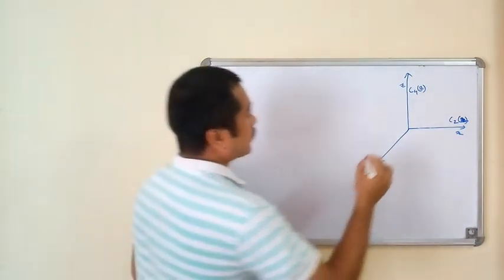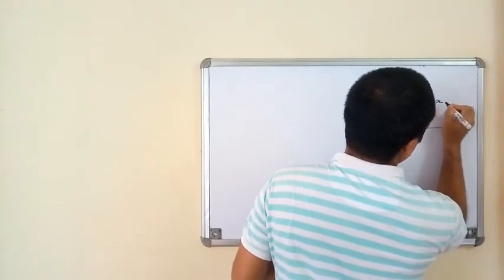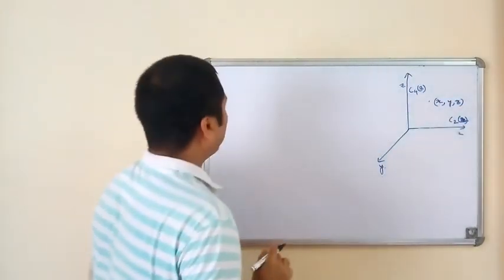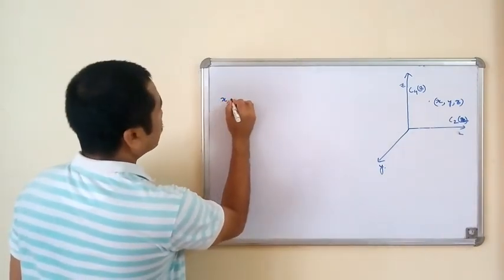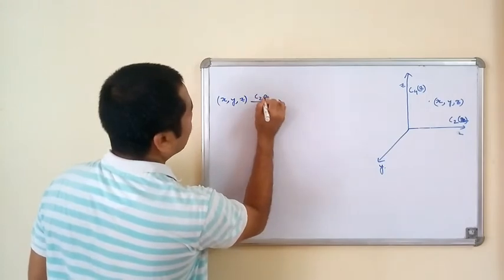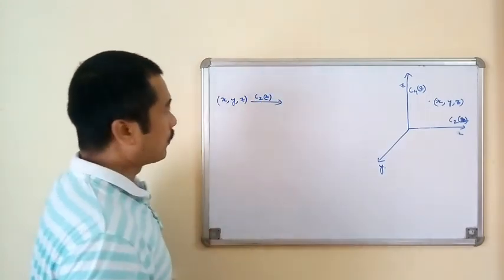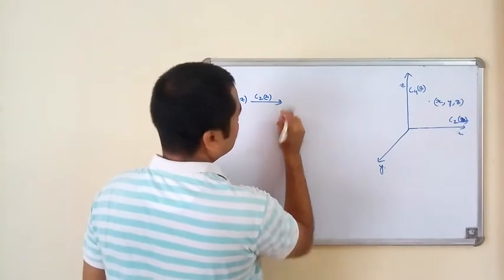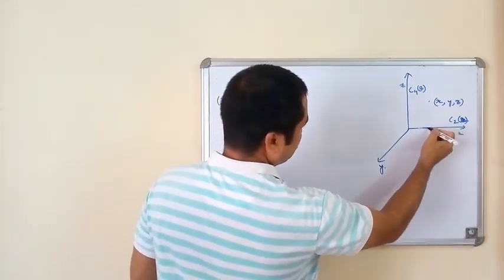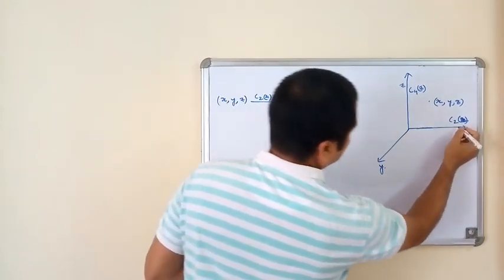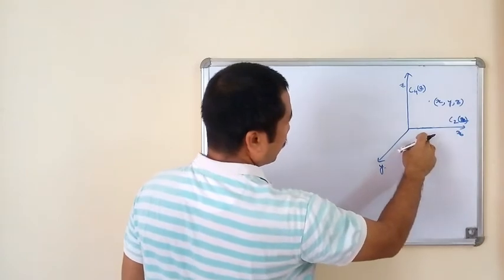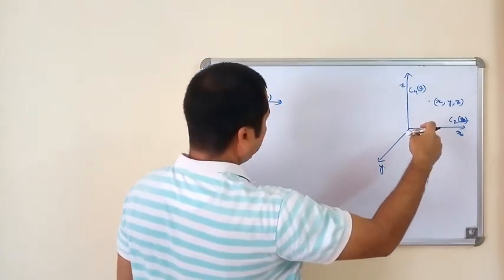So if you consider an atom or a point with coordinates x, y, z, and then do the operation C2(x) first on this point, you have to rotate it along the C2 axis of symmetry, which is along the x-axis, by 180 degrees.